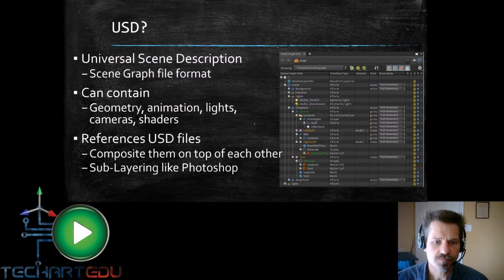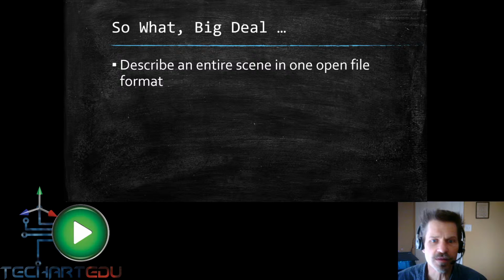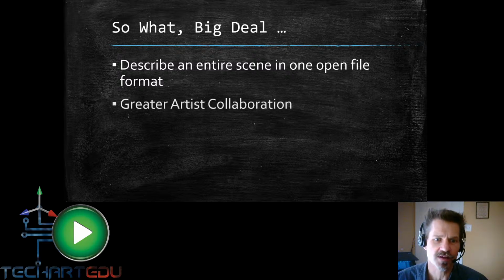What USD does is it layers lots and lots of different files on top of each other, creating lots of little layers, kind of like in Photoshop. And you're saying, so what? Big deal. Okay, it's one scene format. What this powers is greater artist collaboration.